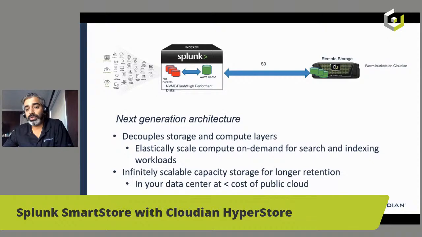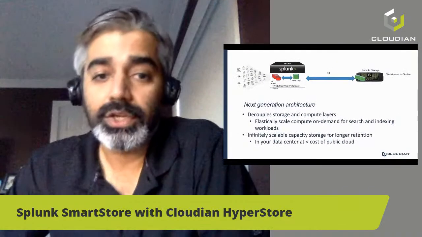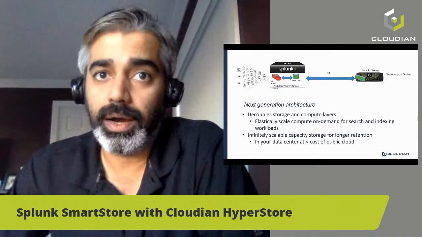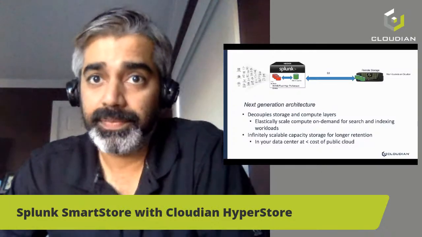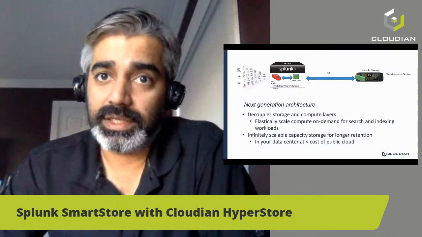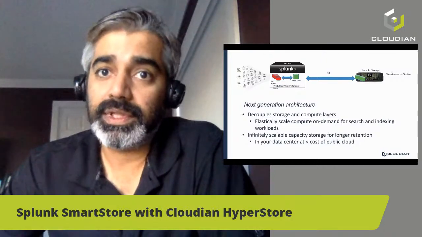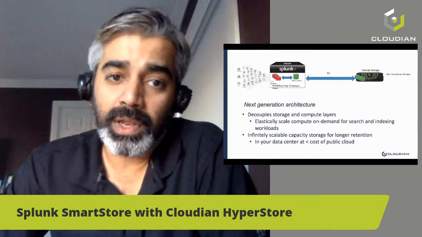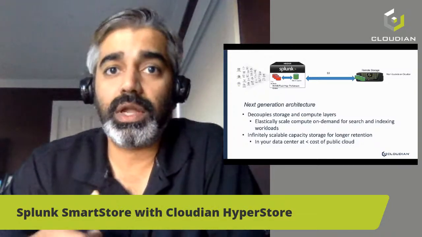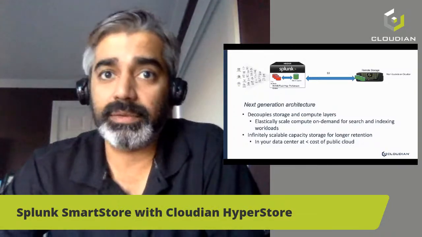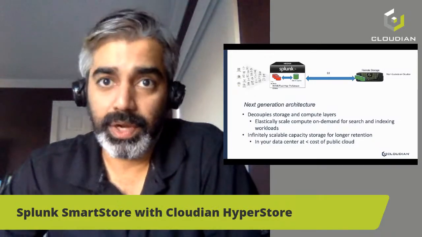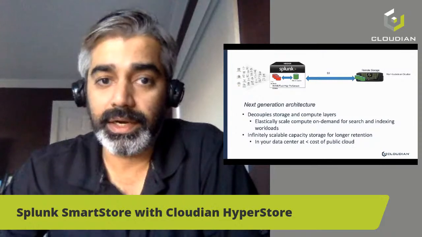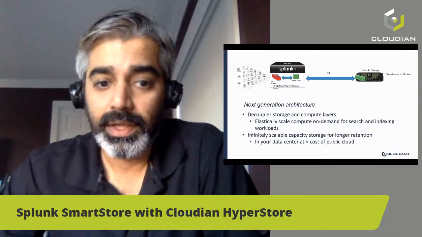And similarly, when you want to scale the storage for retention, you do not necessarily have to add more indexers if you're not ingesting more data. And you can do this elastically on demand, right? Whether it is for indexing larger workloads, searching through a larger batch of data, or retaining more data, it is completely up to you, and you are not tied one with the other.